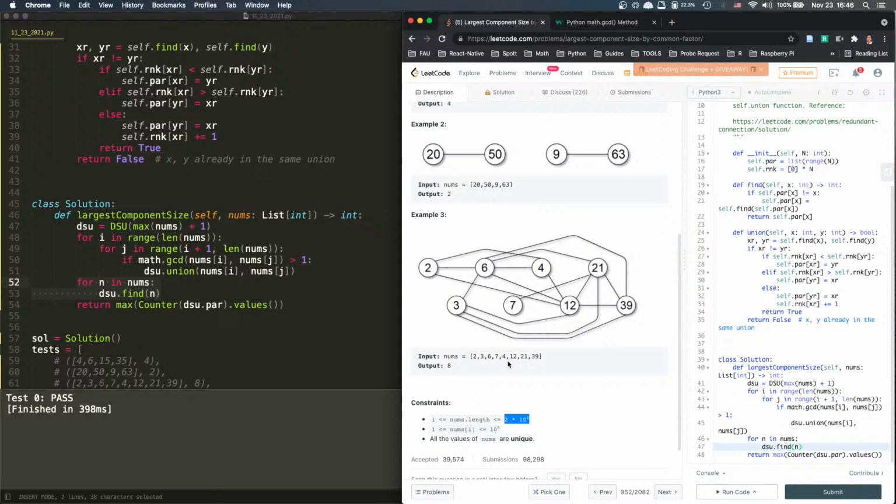So 2 doesn't matter. So I have another 6, 12. So 12, right? So 3, right? 12. That will be 2. And 21, 7, 12, 21, and 39. All right? That will be 13.